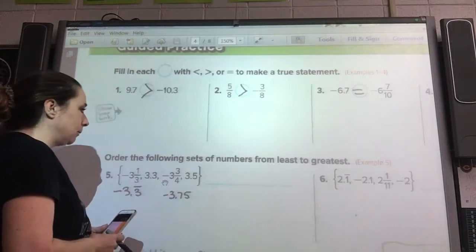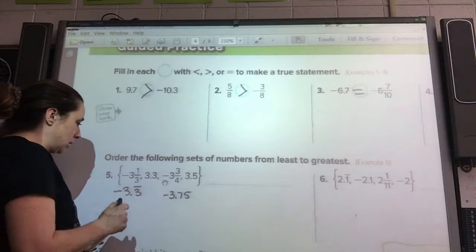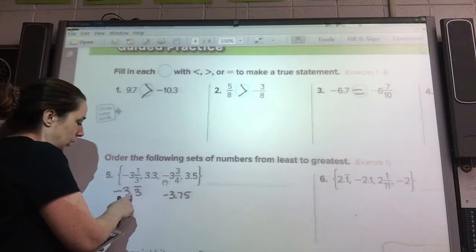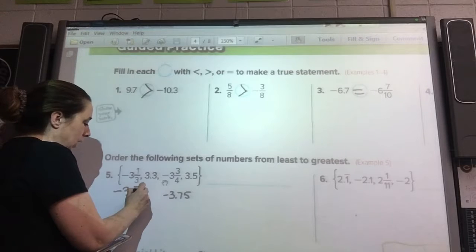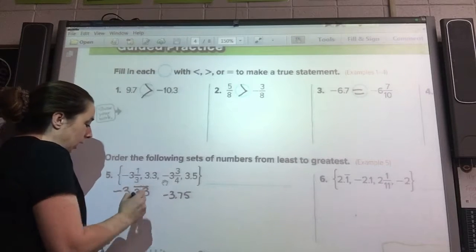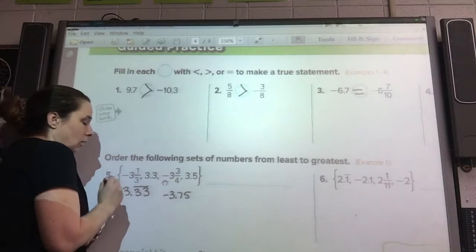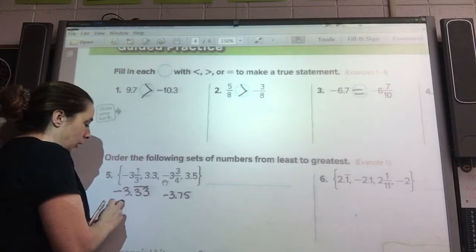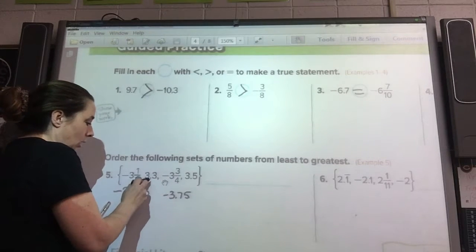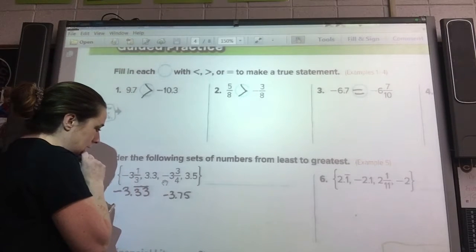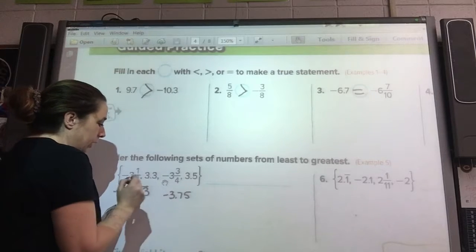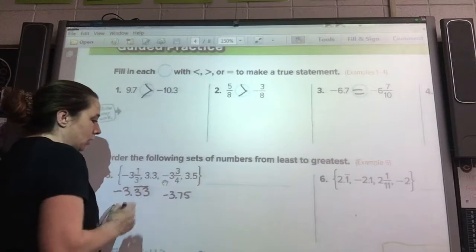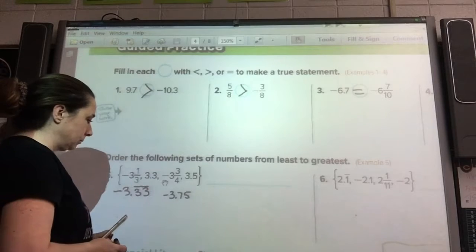So now we can compare least to greatest. Owing $3.33. Having $3.30. Owing $3.75, having $3.50.